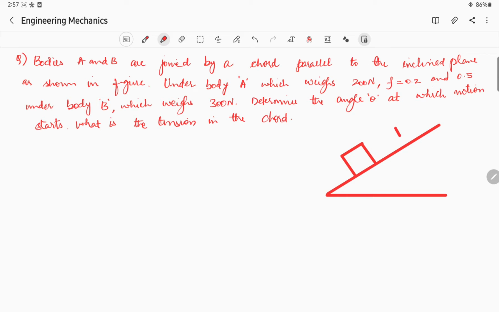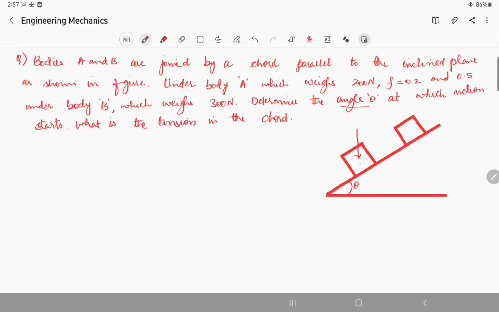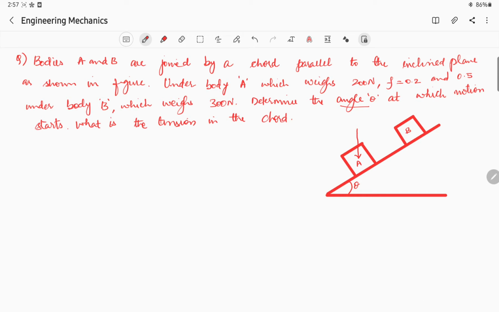So it's one block, this is another block, and this is the surface. This is the angle given to us, that is theta. We have to determine the angle theta here, and weight of the body will act exactly in downward direction. So this is block A and this is block B.